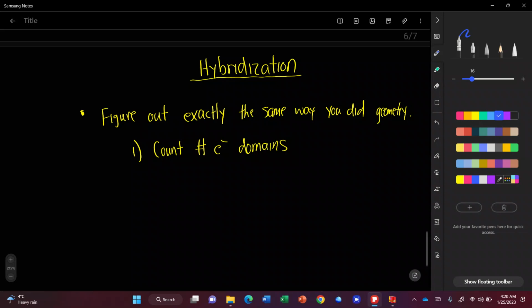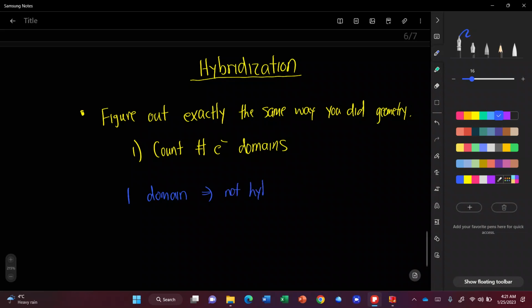So in a molecule, obviously a molecule is going to have a bunch of different atoms. When we say what is the hybridization, there's no such thing as the hybridization of a molecule. We're talking about individual atoms of a molecule. So if an atom in a molecule has one domain, it's actually not hybridized at all.